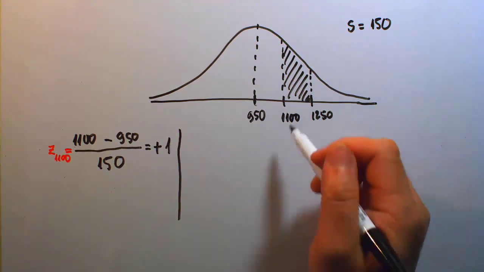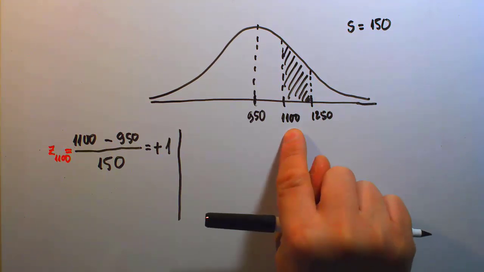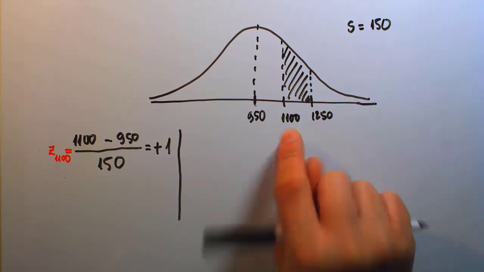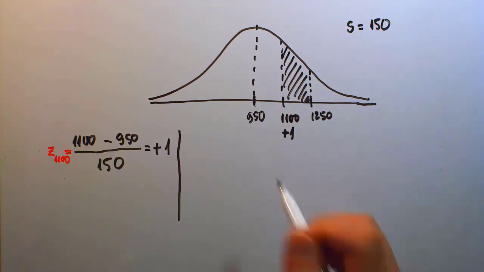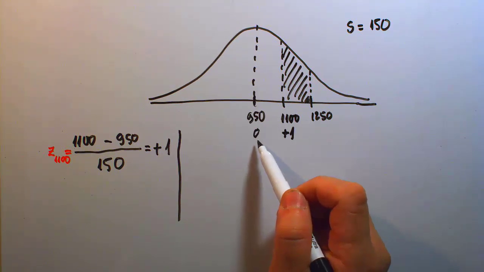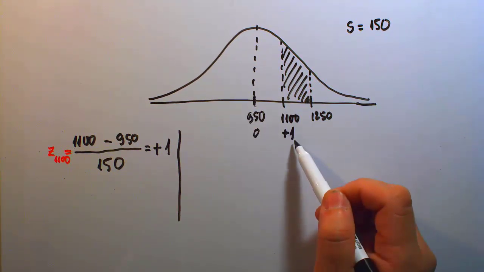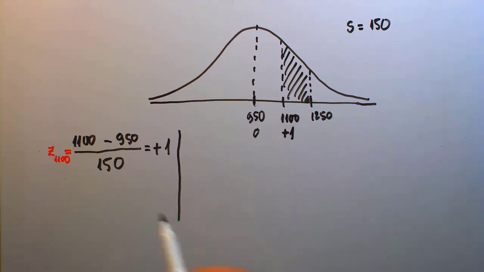So now we know that the low end of the interval stands 1 standard deviation above the mean. When we write on the mean, remember it's 0 for the z-score, but here we are indicating a z-score of positive 1, 1 standard deviation above the mean.